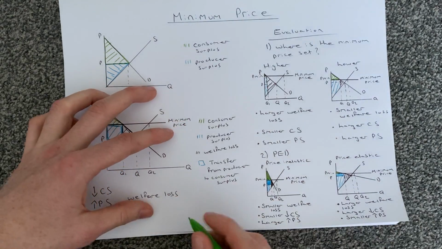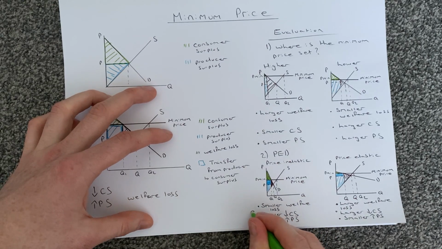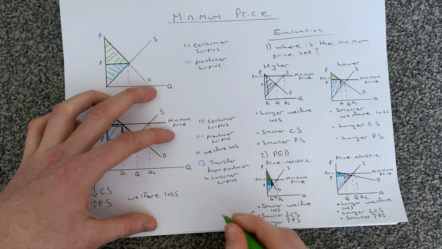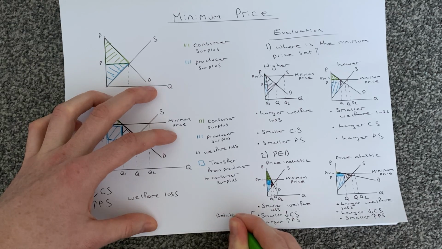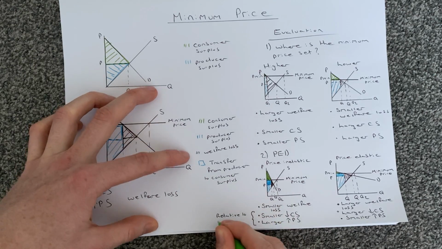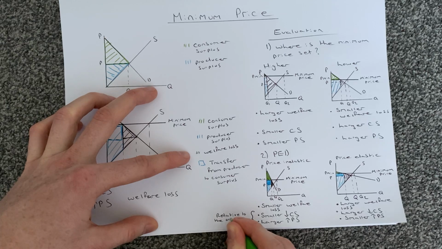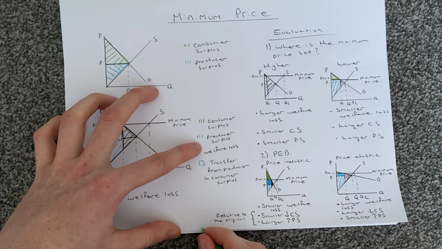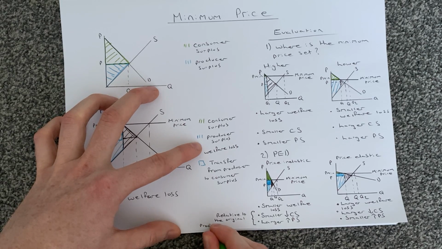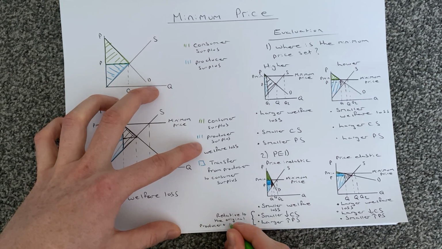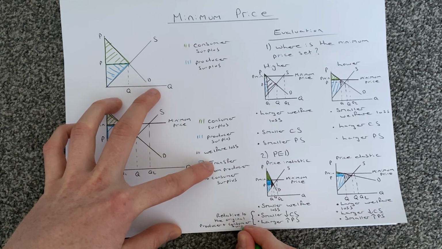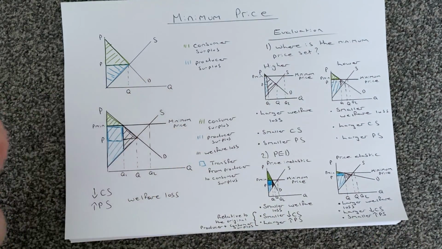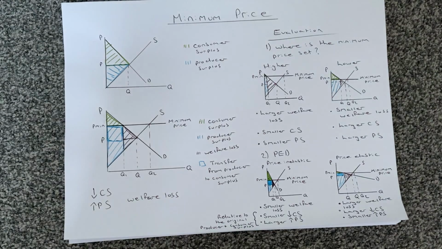So these points here are all relative to the original producer and consumer surplus.